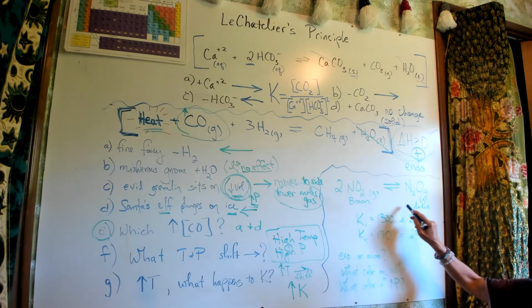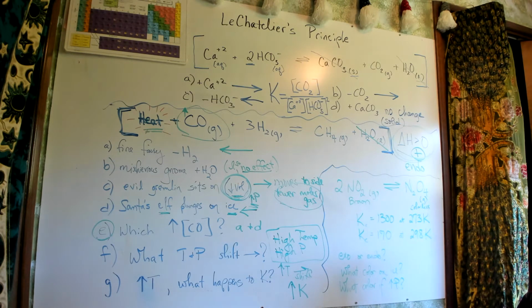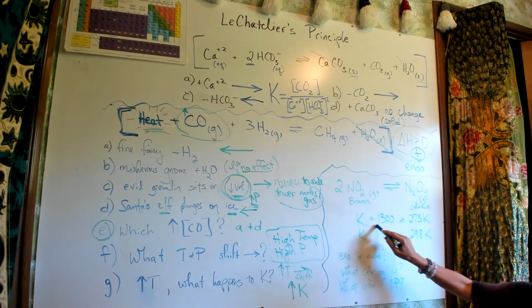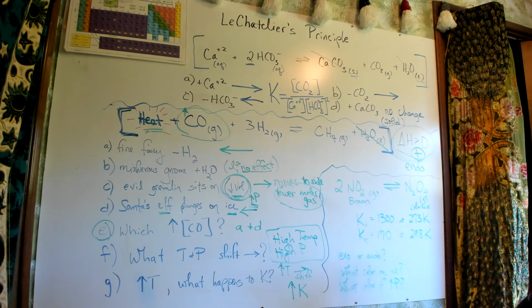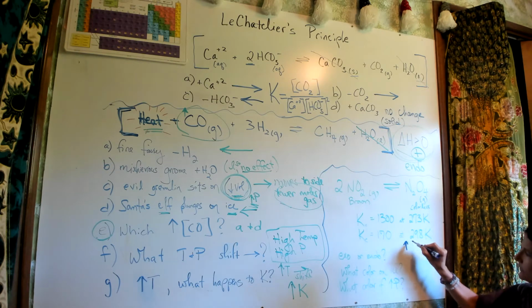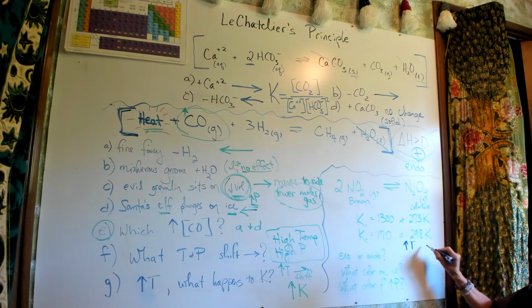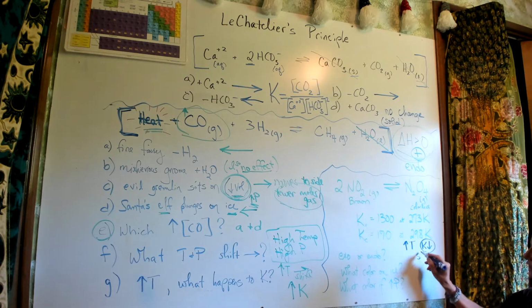Anyway, so depending on what color you see, you can determine what's going on. So somebody did this experiment and they determined that at 273 Kelvin the value of K is this, and at 298 Kelvin, when we increase the temperature, K decreased. Well, if K decreased, that means it shifted in the reverse direction.